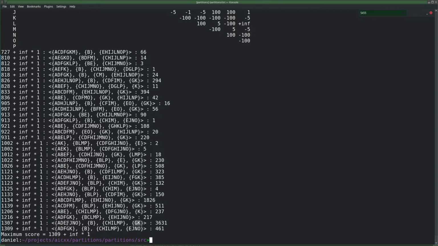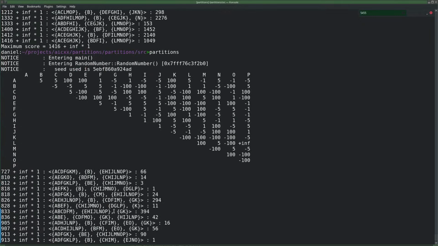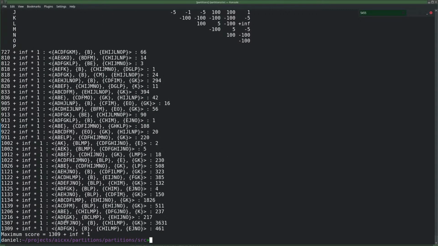Still doable maybe, but is there no better way to find the ADF? AD is 100 score, and F is only 1. Okay, but it's positive. What was it now?